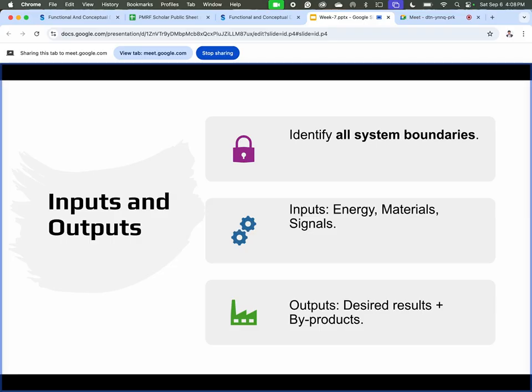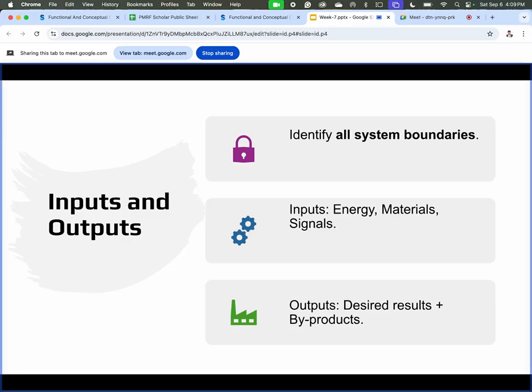Inputs are generally categorized into three forms: energy, materials, and signals or information. These enter the system, get transformed, and then leave as outputs. The outputs include both the desired result and the unavoidable byproducts.